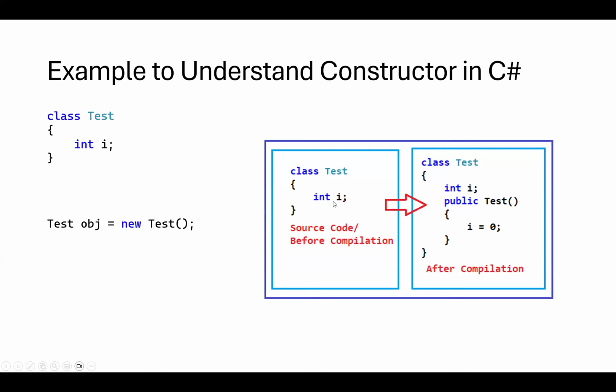In this example, you define class Test. For example, define an internal variable i of integer type. It's your description code.